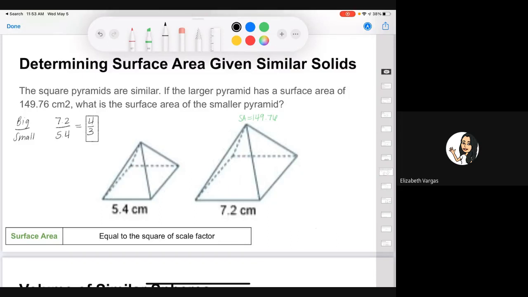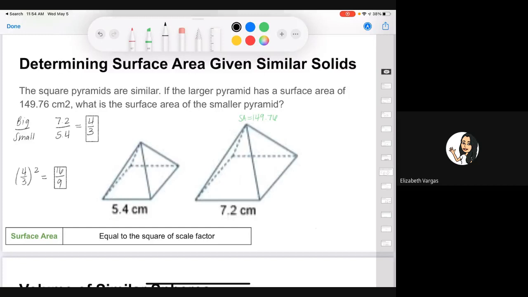What my theorem previously told me is that the surface area will change by the square of the scale factor. So basically, my scale factor squared gives me 16 over 9. So this is how my surface area will change from my bigger unit to my smaller unit.